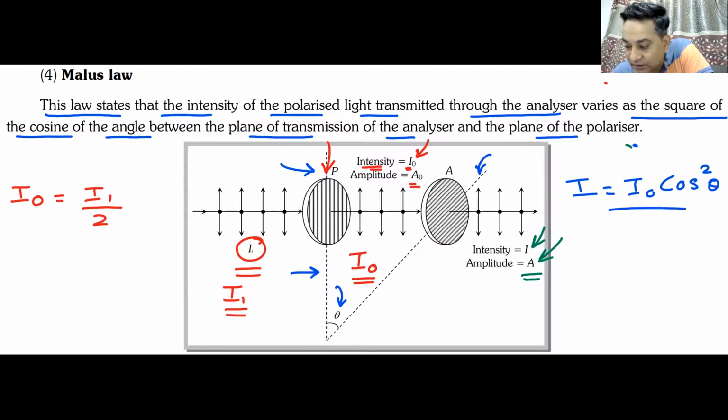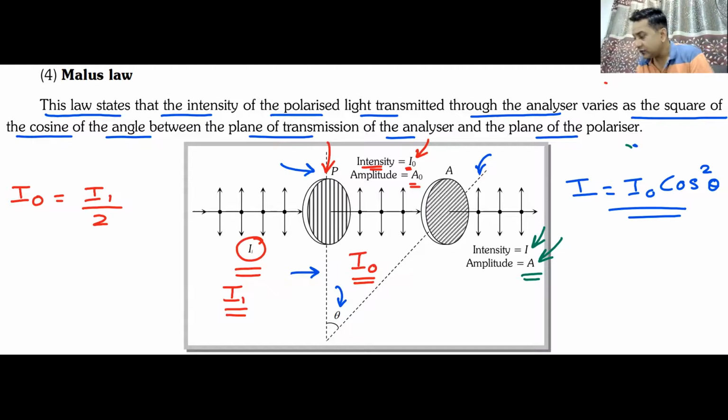Do we understand this? Yes, sir. This is the relation between the intensity after the analyzer and the intensity before the analyzer. This law is known as Malus's law. I'll give you a minute to note it down.